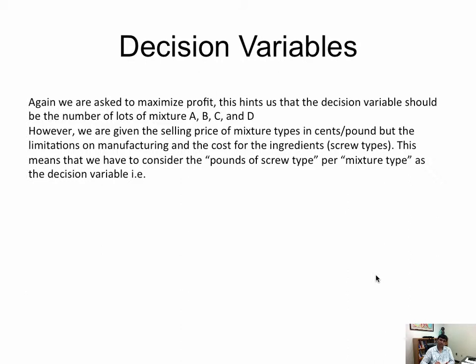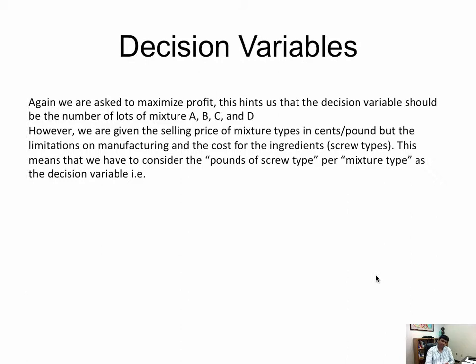However, the limitations on manufacturing and cost for the ingredients are given in a separate table. This means that we have to consider pounds of screw type per mixture as the decision variable. So I'm going to repeat it. This means that our variable should somehow indicate pounds of screw type per mixture.